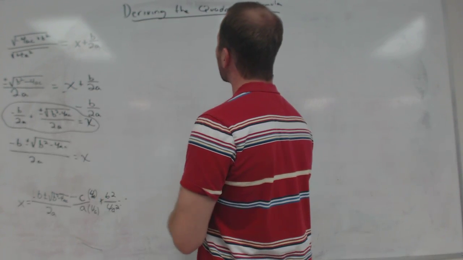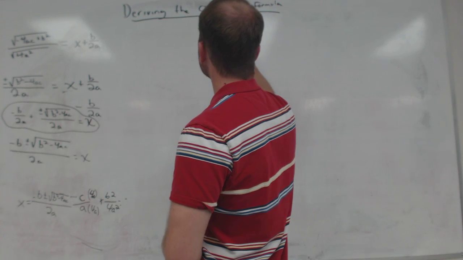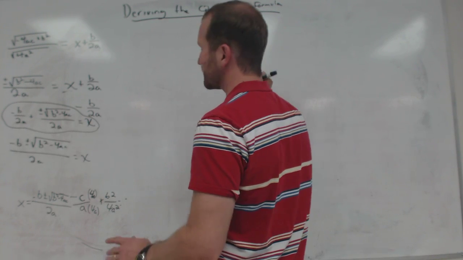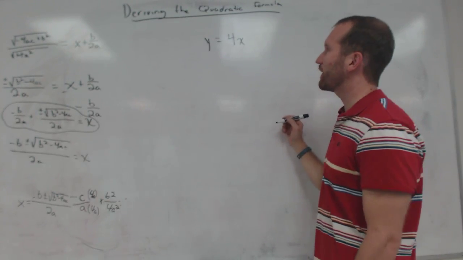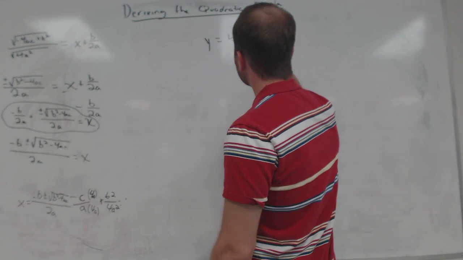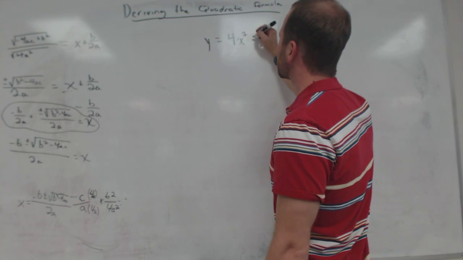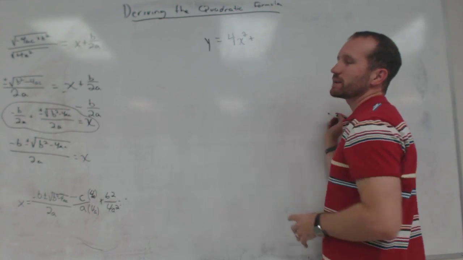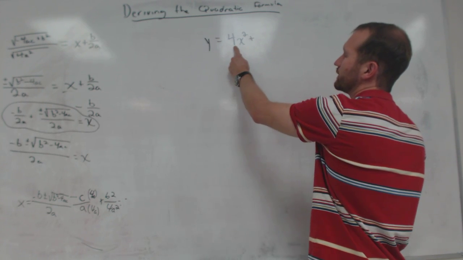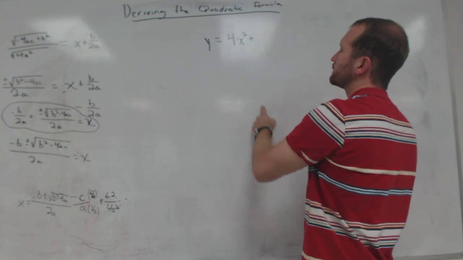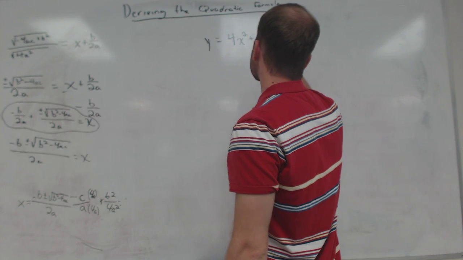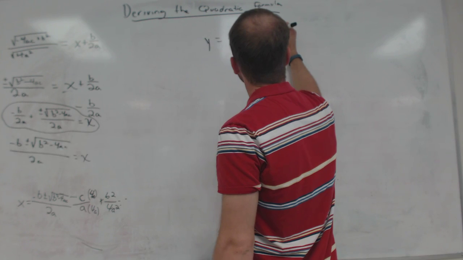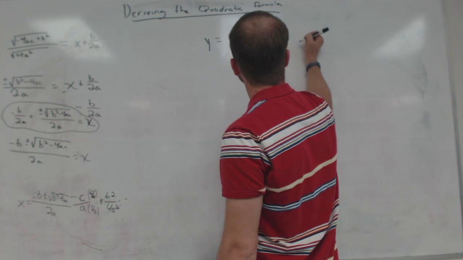If someone gives you an equation, y equals, I always have to slow down a little because I want to write a squared now, but it's like 4x squared plus 8x plus 2, with x's, right? That 4 is a.